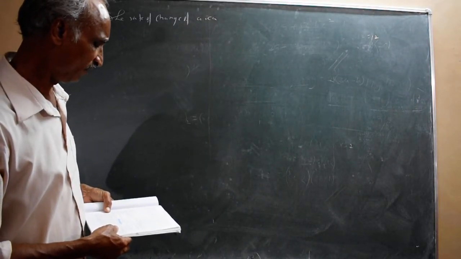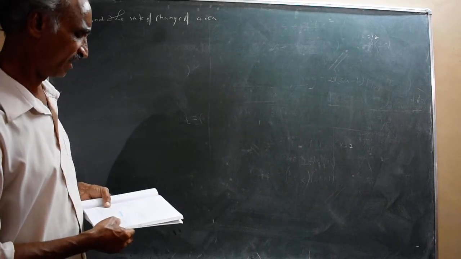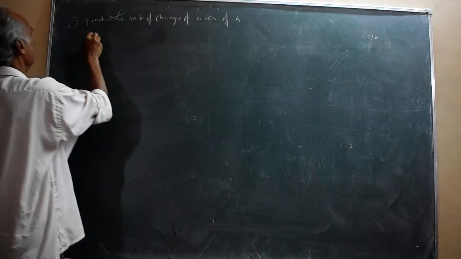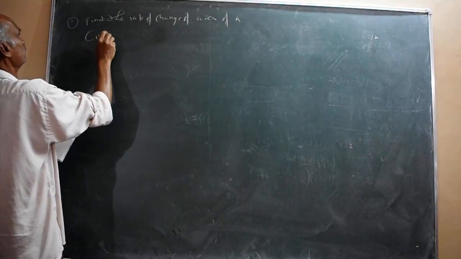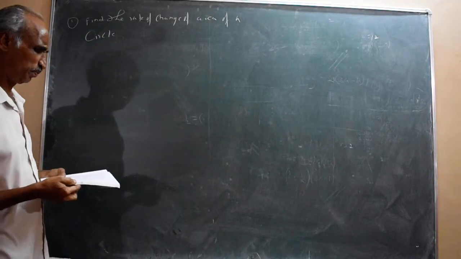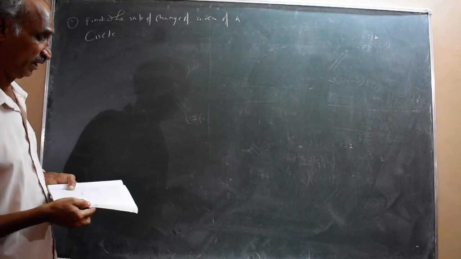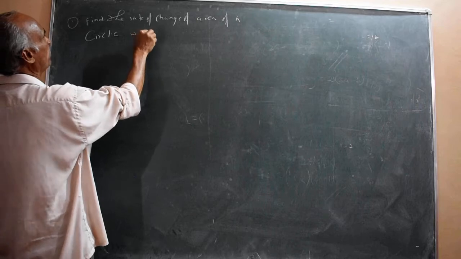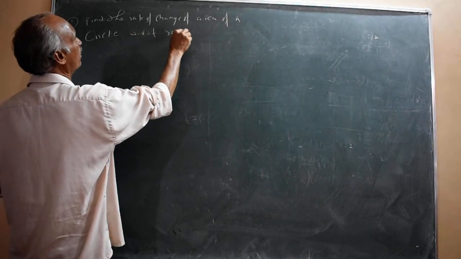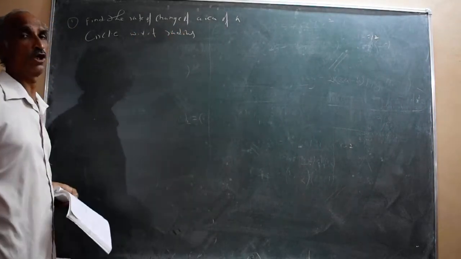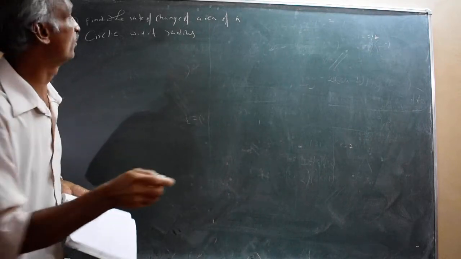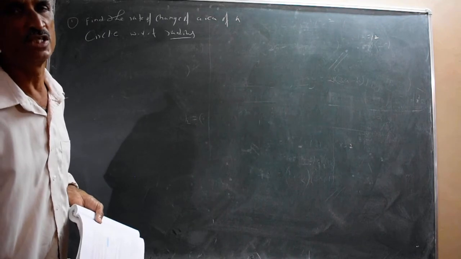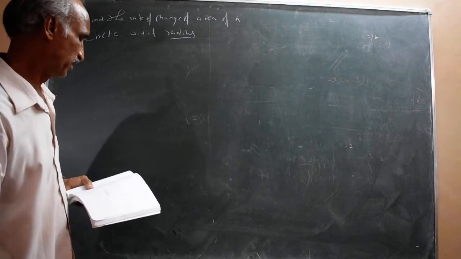Okay, find the rate of change of area of a circle with respect to the radius. In the first problem only it is given. With respect to radius means we have to work out dA by dr, not dA by dt.